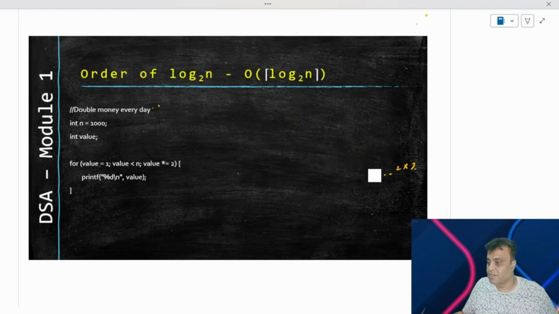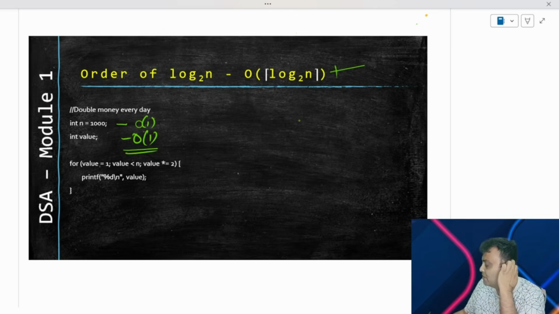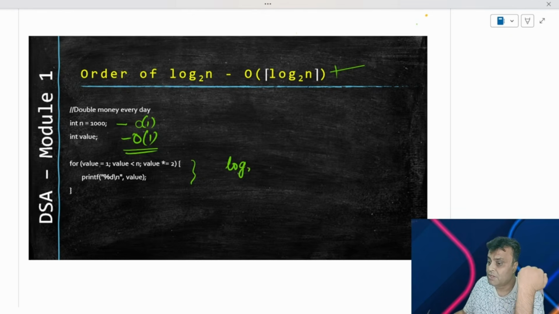If I just write the order of the time complexity for this particular problem, of course you will have order of 1 coming out of here, order of 1 coming out of here, which will be negligible when compared to log base 2 of n, because we are with the time complexity function which will fall under the logarithmic class. So for this particular for loop, we have proven that it will execute log base 2 of n number of times.